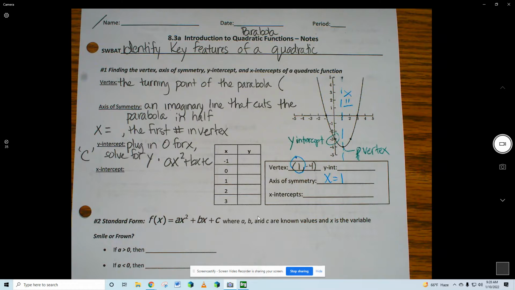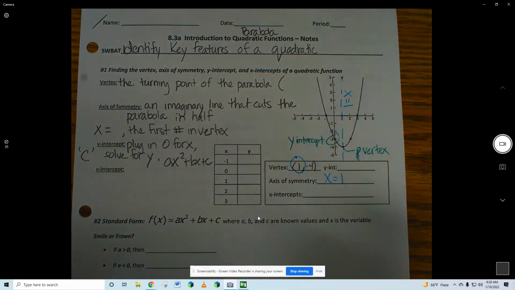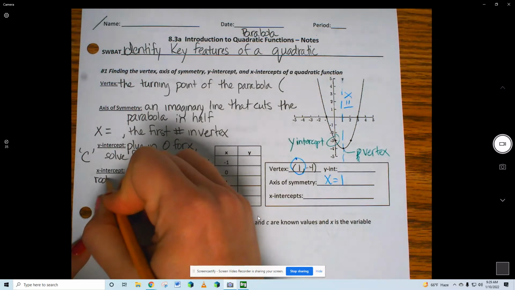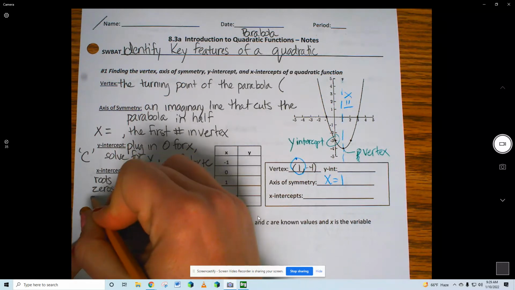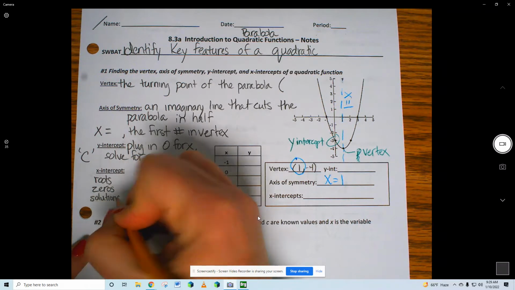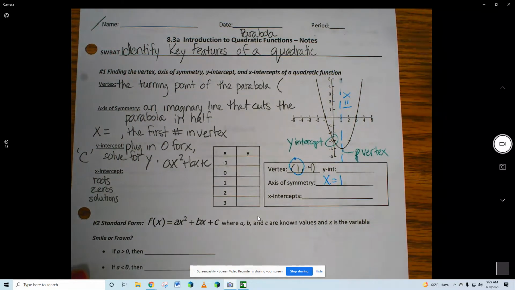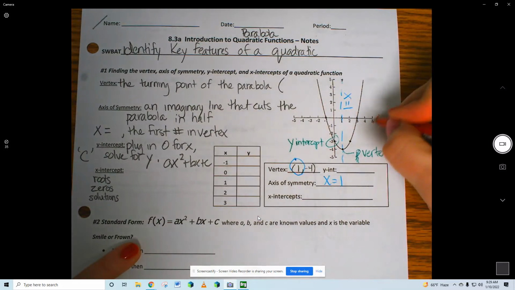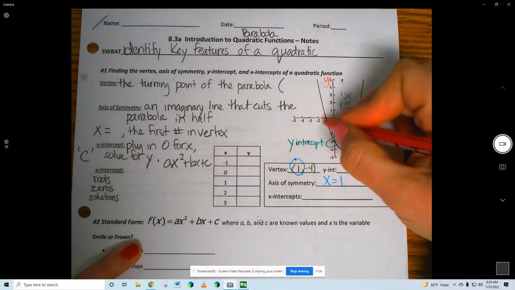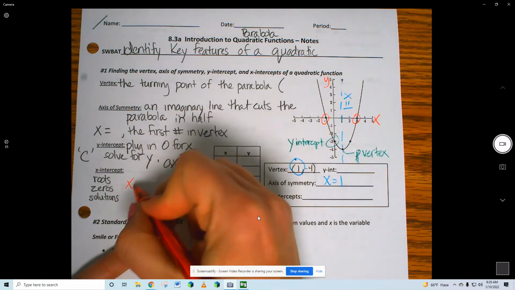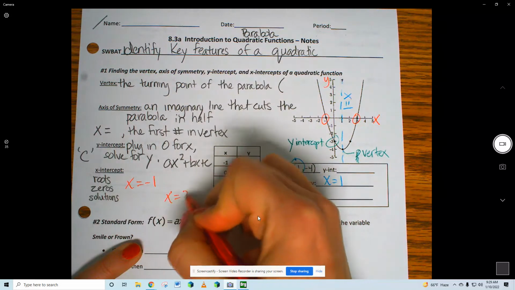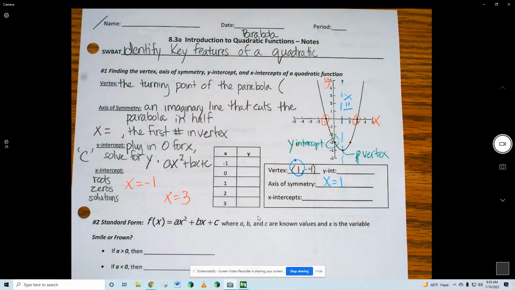The x-intercept, we did this last week. The x-intercept is called the roots, the zeros, the solutions. I'm going to write all those synonyms: my roots, my zeros, and my solutions, and that's where it crosses the x-axis. This is at x equals -1 and x equals 3. See my red? X-intercept.